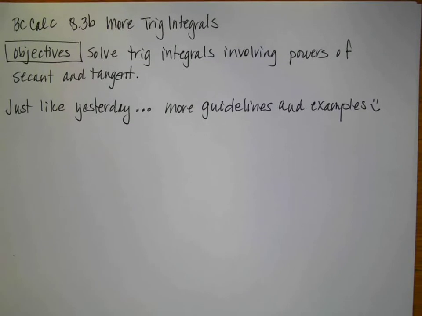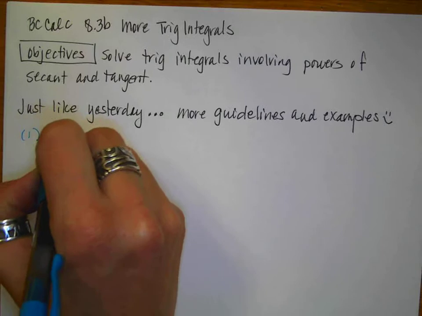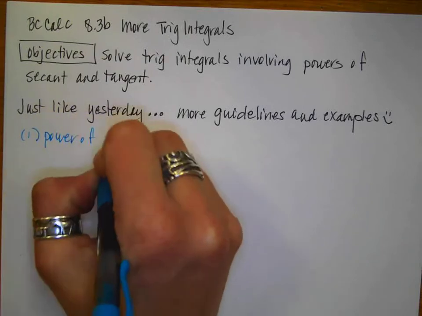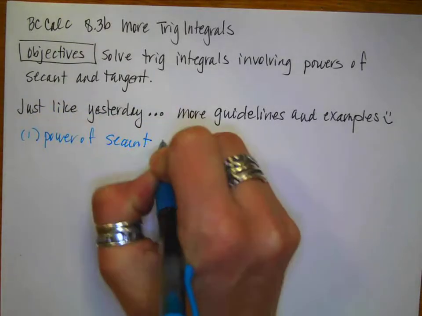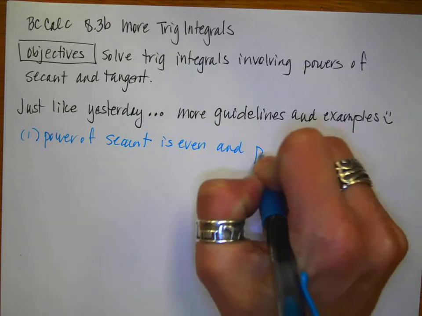All right, so our first guideline is going to be that the power of secant is even and positive.